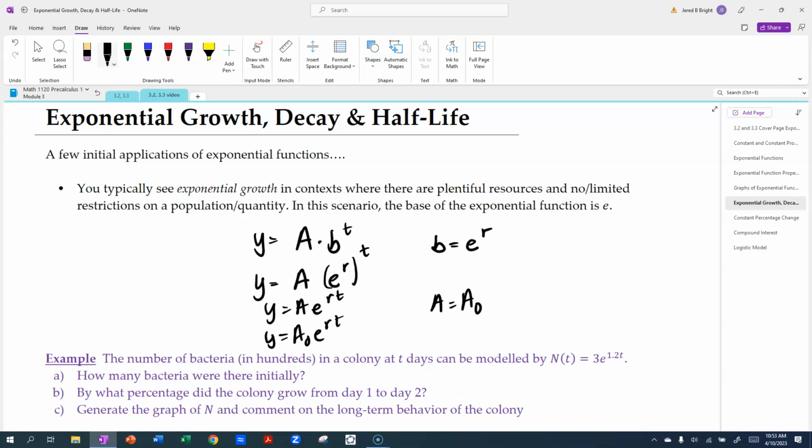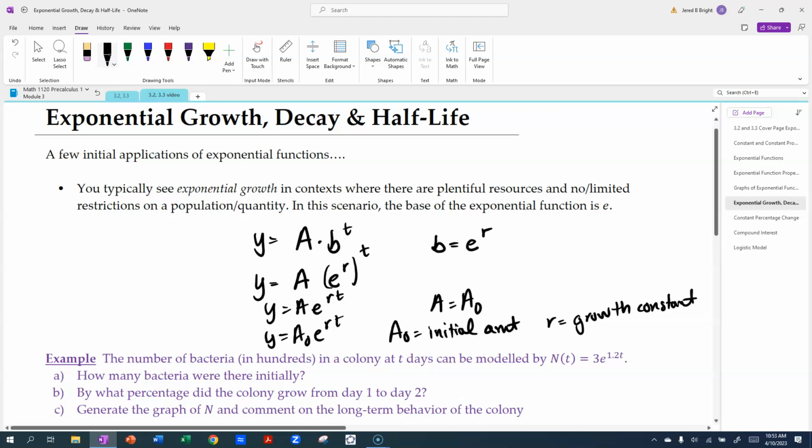So if you want to make some notes, a0 would be the initial amount, and r, there's not great language around it, but we can just say it's going to be a growth constant. I don't want to use the term rate, but it could be a growth constant.